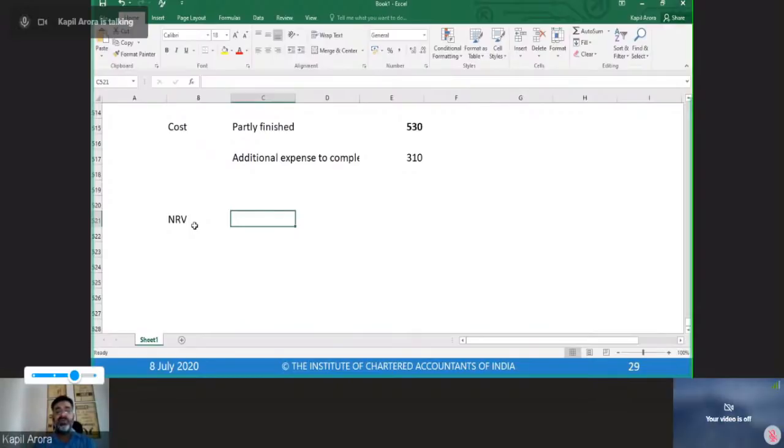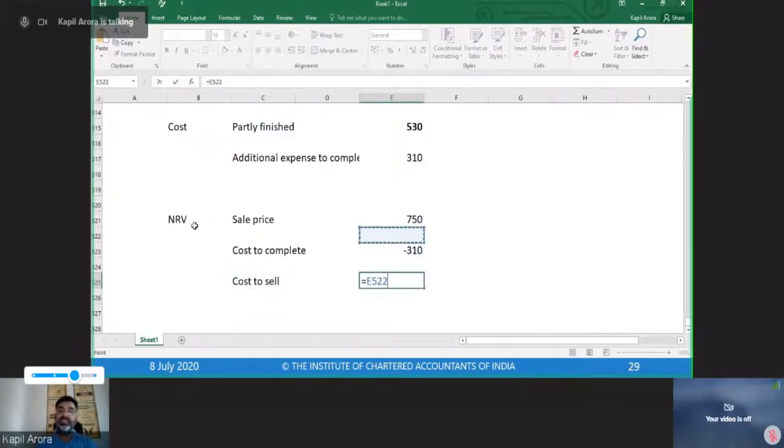To find the lower value, the NRV formula for the partly finished product is sale price, which is 750 in this case, minus cost to complete, which is 310, and cost to sell also gets deducted, which is the 4% commission, as we just discussed in the question.